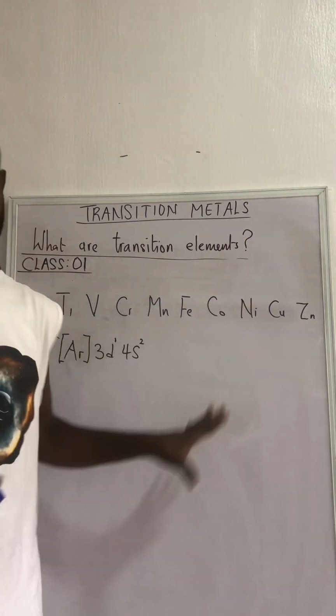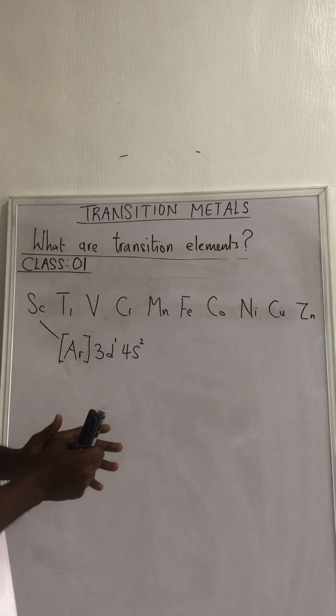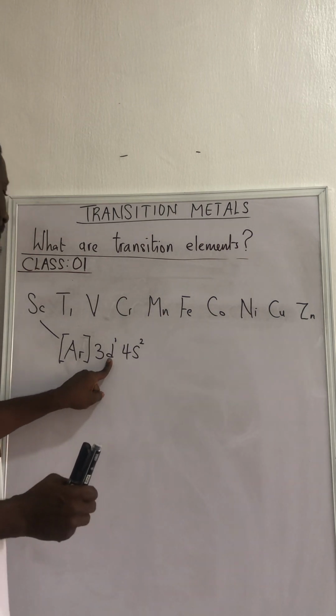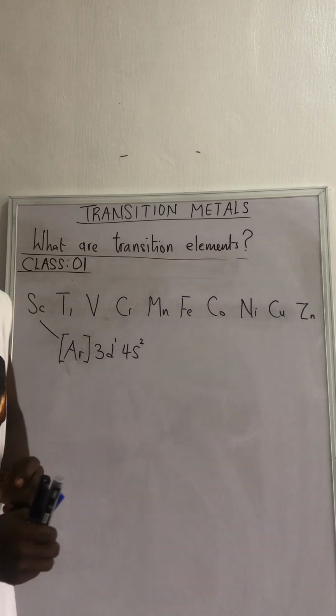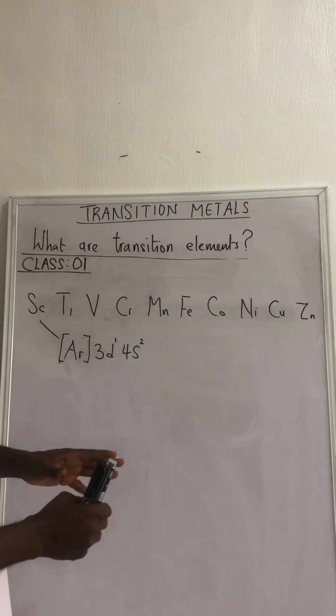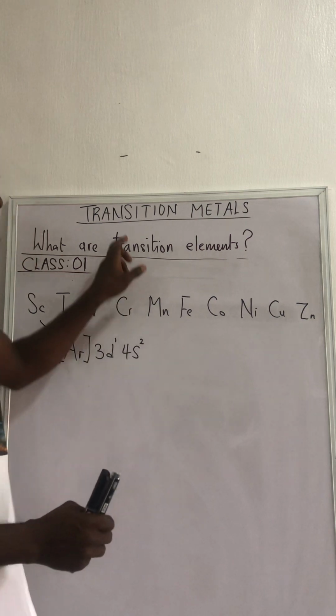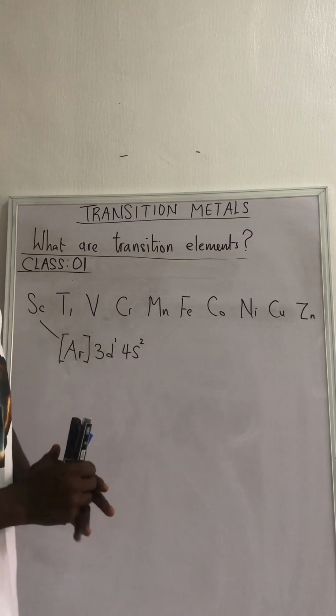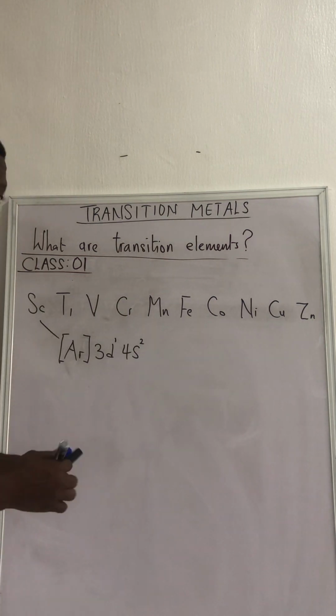All right, so looking at this, all elements that have d orbital in their electronic configuration are known as transition elements. That's condition 1.